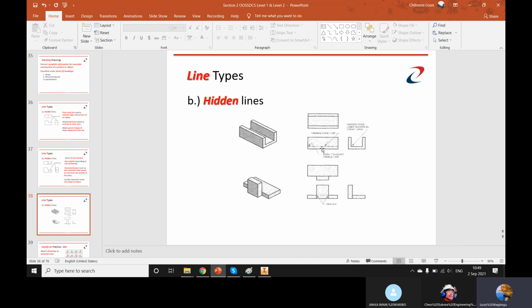It should be something like this now. There should be dashed lines there, showing that there's a part of the object that is not available in the particular view you're looking at it from. If you look at it from maybe the side view, then you'll be able to see why this dotted line was there.